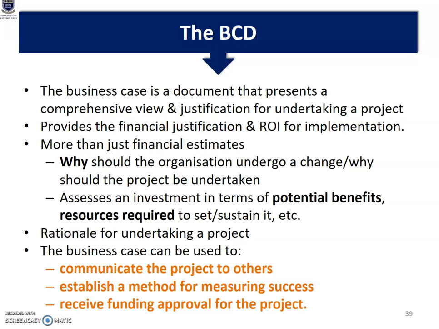If done correctly, the business case will provide a compelling justification for the change, which is outlined at the high level, what is broken at the lower level, and the solution and its possible impacts.